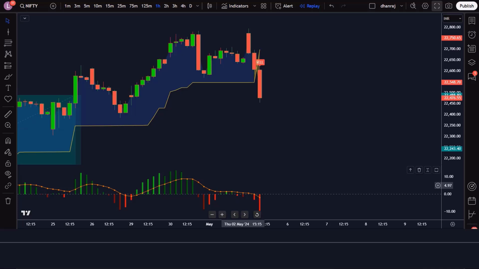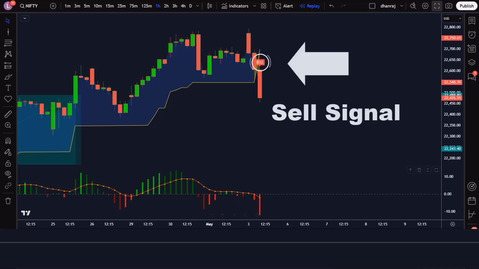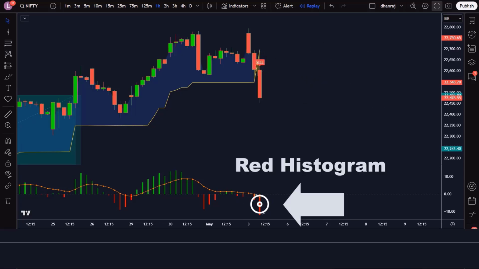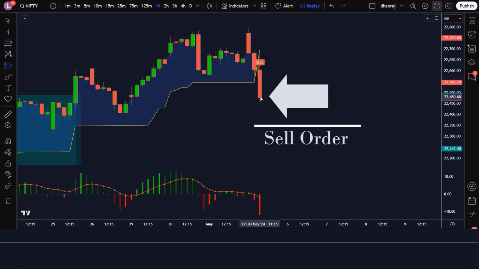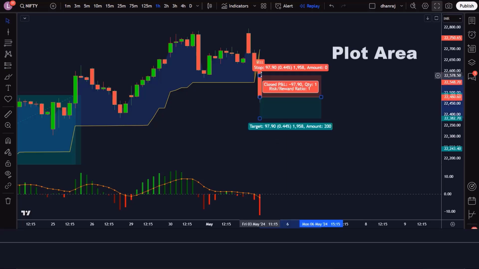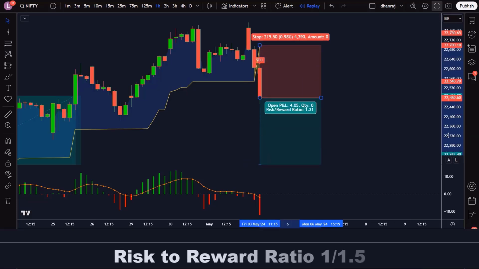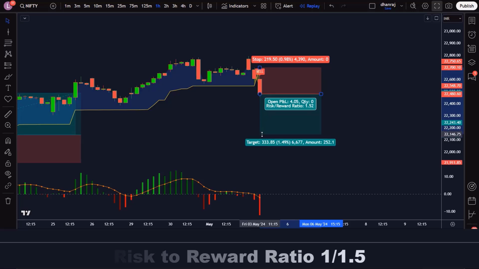We have got the signal. Here the Twin Range Filter Visualized indicator gives us a sell signal. Here the Tricks Histogram is red. Here the market has made a bearish candle to give confirmation. So all our conditions are being fulfilled, so we are placing an order to sell. Our stop loss is to be placed at the blue of the plot area, and the risk to reward ratio will be 1:1.5.